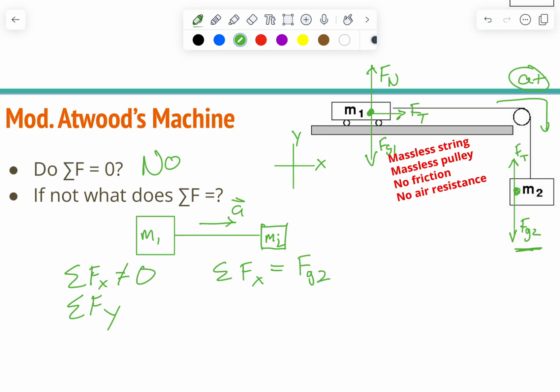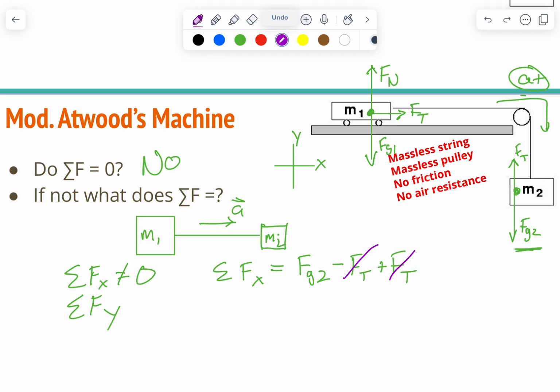Let's see, the Ft is going against the acceleration, so that means a minus Ft. And then I have this Ft right here, which is going in the positive direction, so it's plus Ft. Oh my goodness, look what happens again. The Fts cancel out. Sweet. The sum of all forces in the x direction is just Fg2. Well, that makes sense. The only thing that's accelerating this is the mass 2 and Fg2.